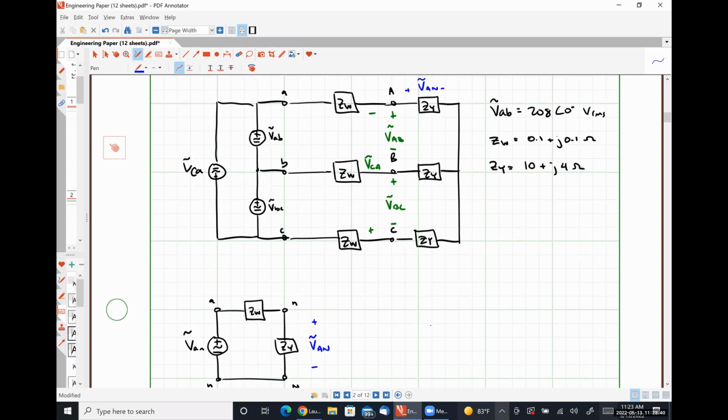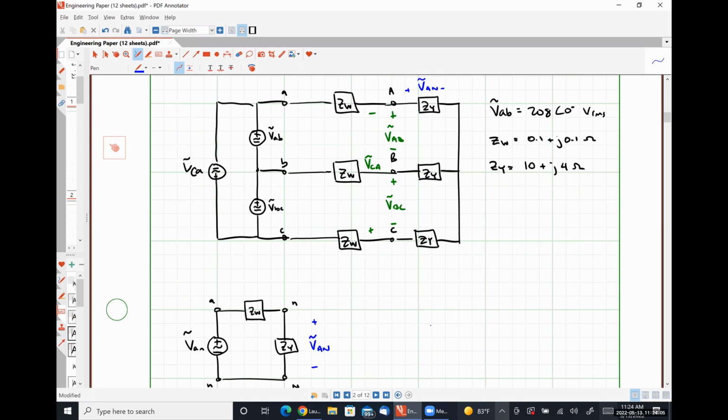But we can see, or at least I hope we can see, that by performing Kirchhoff's voltage law around this top right-hand loop, we will be able to determine VAB knowing VAN and VBN, where VBN is just VAN shifted by negative 120 degrees, right?